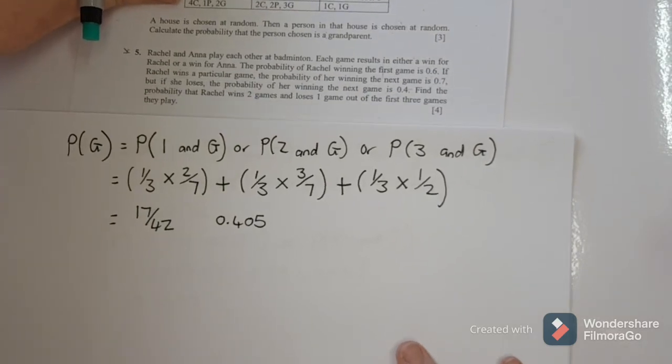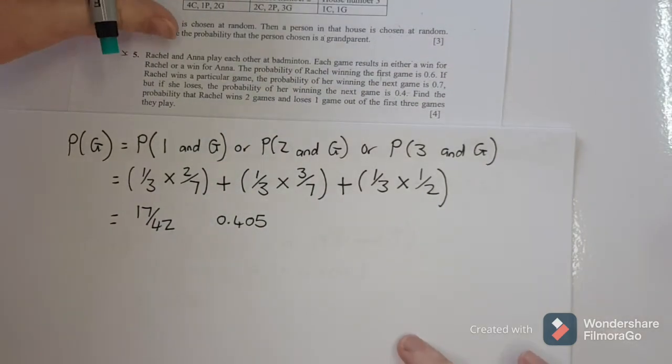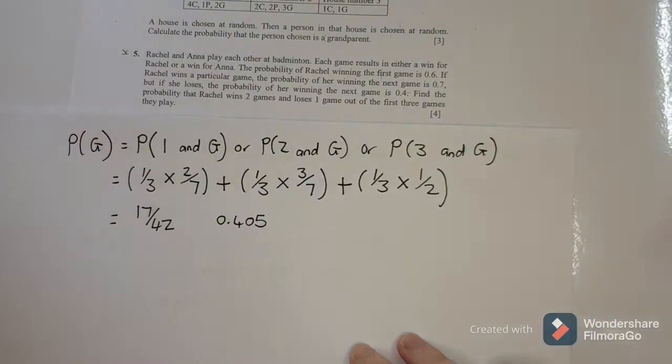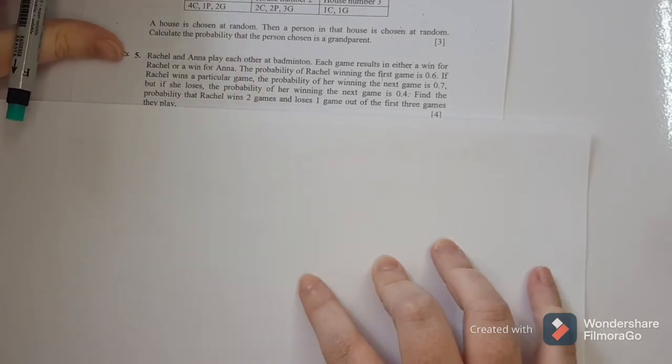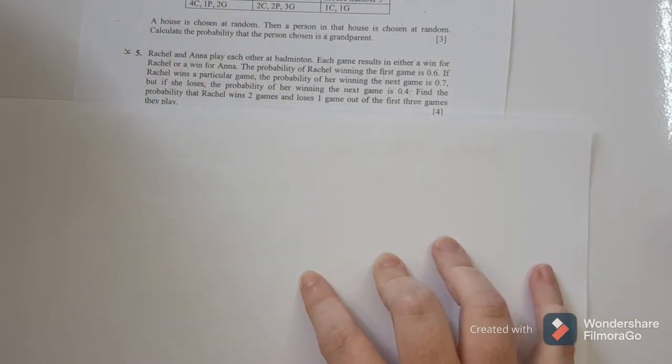Okay, so for our next question, it's quite a longer one. We have Rachel and Anna playing badminton, and each game results in either a win for Rachel or a win for Anna. The probability of Rachel winning her first game is 0.6, and if Rachel wins a particular game, the probability of her winning the next game is 0.7.